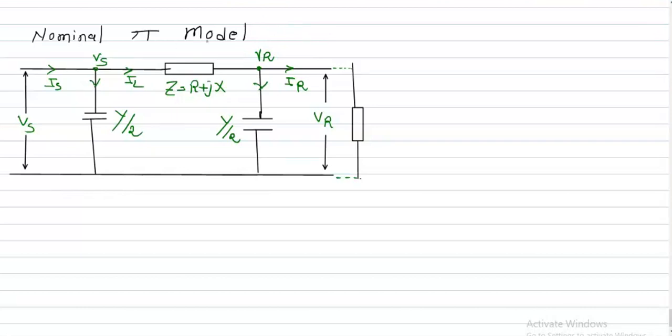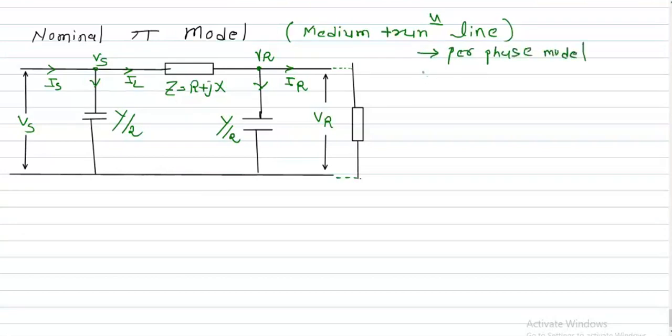Okay, this is the nominal pi model. You can see the shape of this model is like a pi, right? And this is again for medium transmission line. Again, it's a per phase model. Again, it's an approximate method.